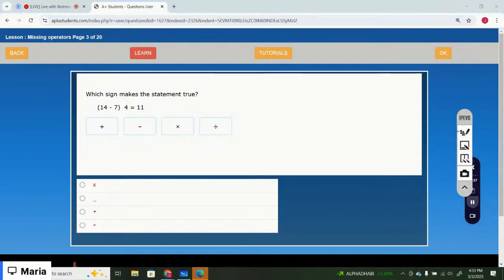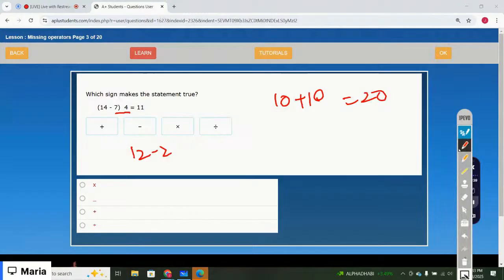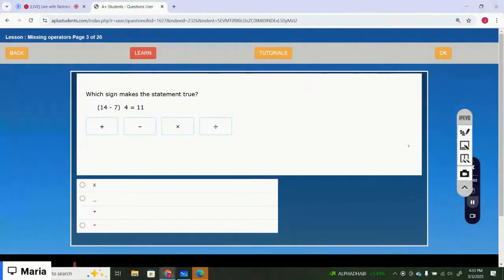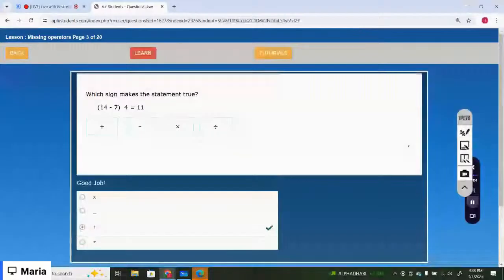Which sign makes the statement true? So 14 minus 7 is 7. 7, the missing sign, 4 equals 11. So which is the correct option? That is 7 plus 4 equals 11. Option number 3 is the correct option.